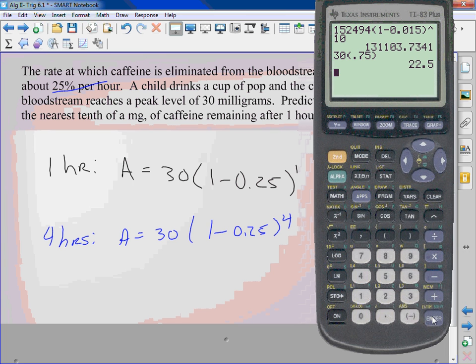And it is, so after 1 hour, 22.5 milligrams are still in the system. Now the nice thing about these calculators, second enter retypes everything I typed. Just change it to a 4. Now, I want my answer to the nearest tenth, so it is 9.5 milligrams.